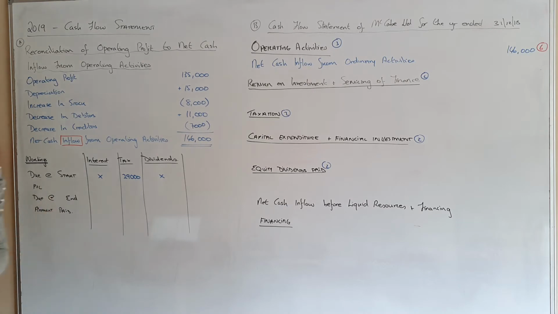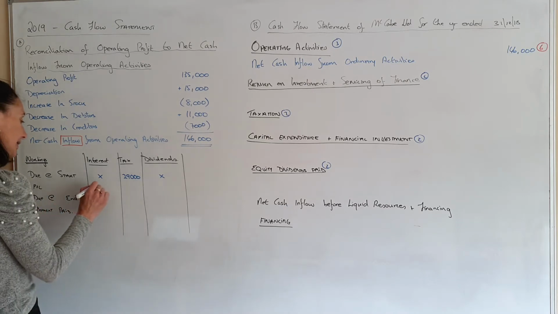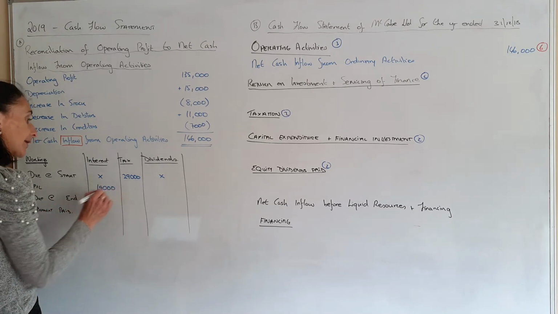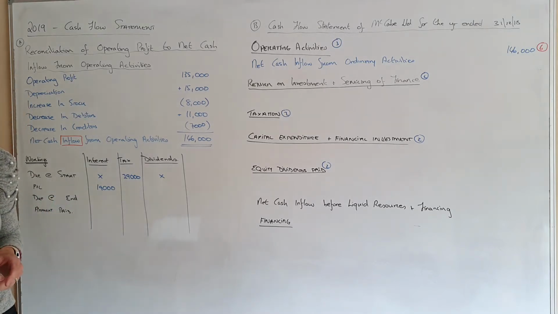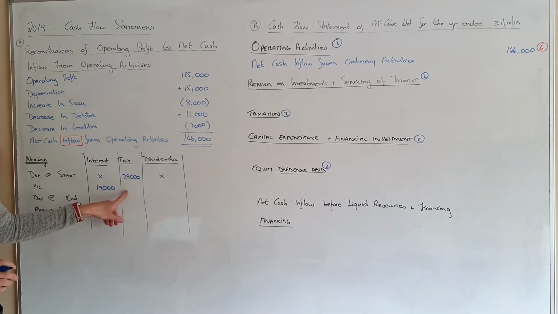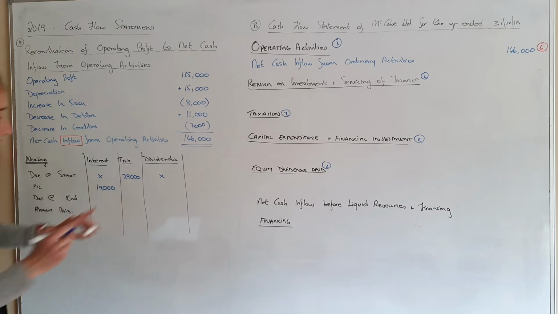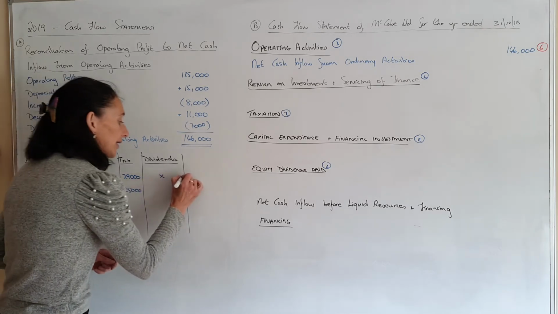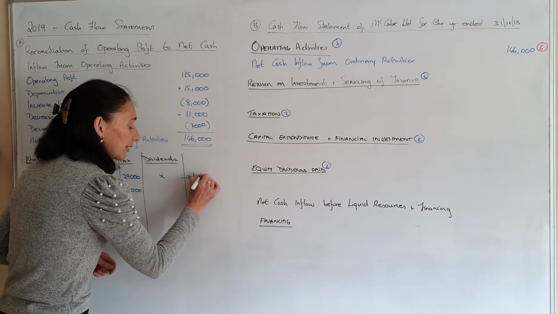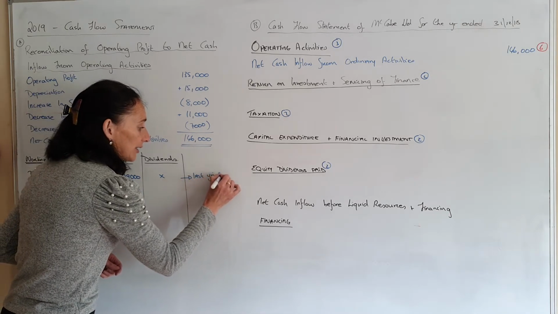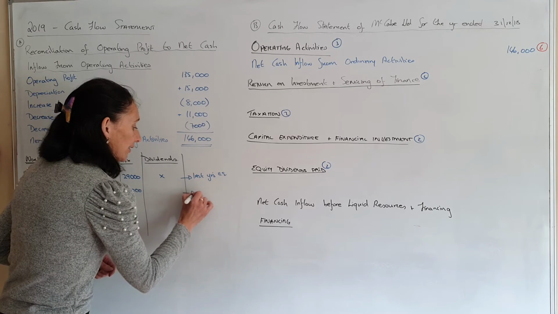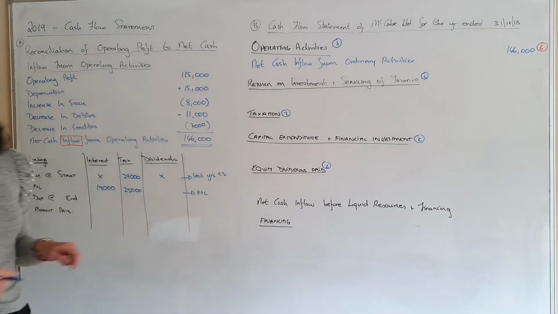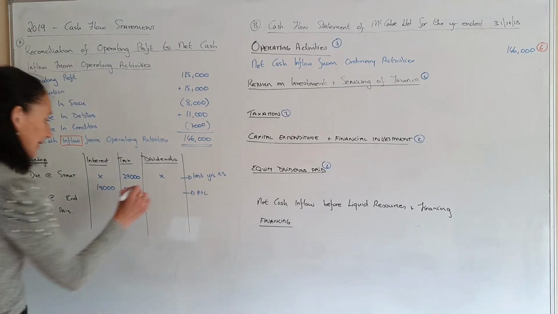In the profit and loss, I'm meant to pay 19,000 here. The tax that I'm meant to pay is 25. These are all taken from your profit and loss. These figures are from last year's balance sheet. These figures here are coming from the profit and loss. And the dividends I'm meant to pay is 26,000.